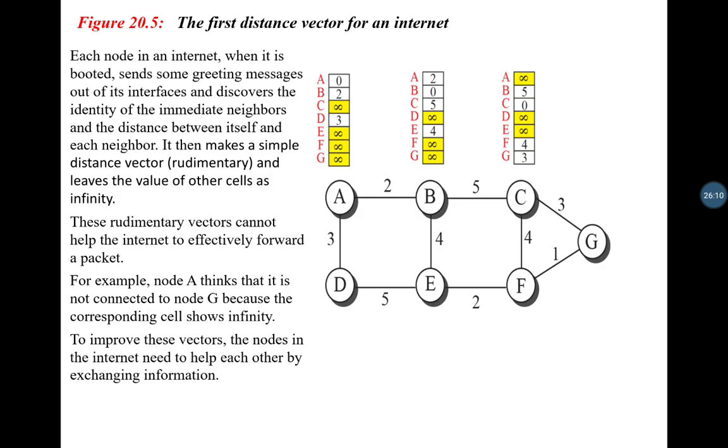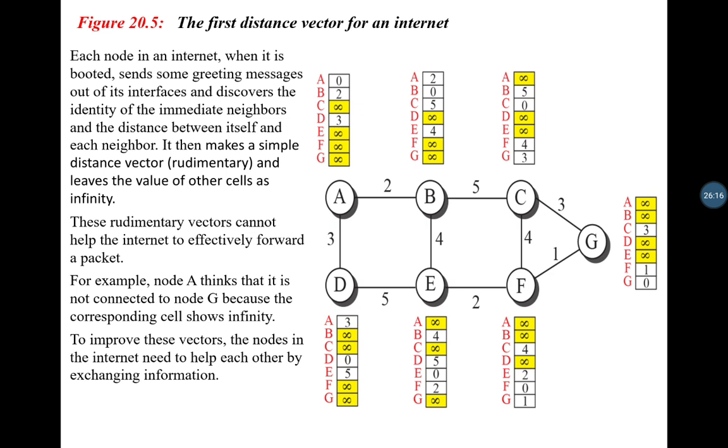In today's class, we have discussed the construction of least cost trees and the distance vector routing algorithm. To explain that algorithm, we needed the Bellman-Ford equation and the concept of distance vectors.